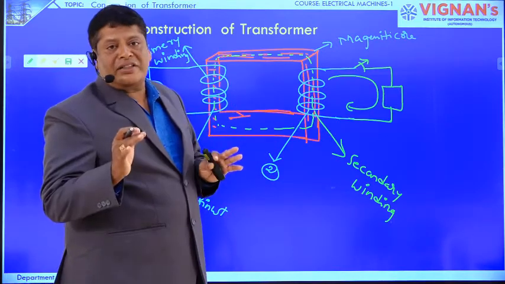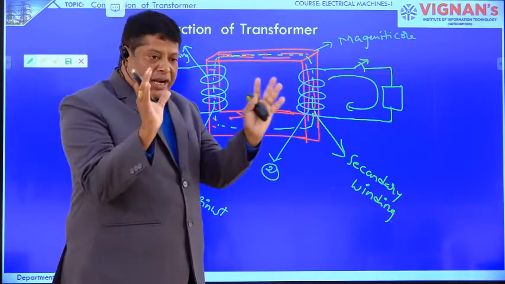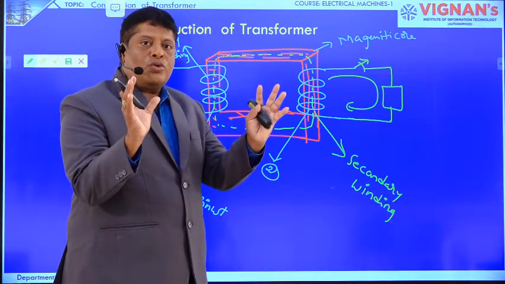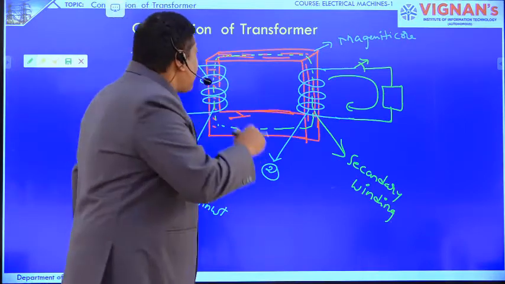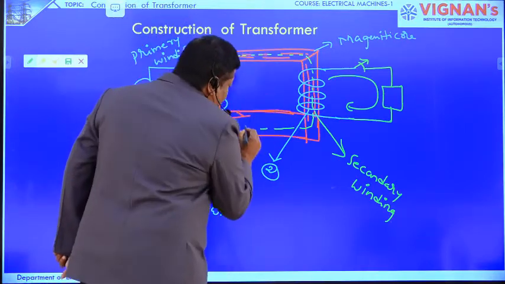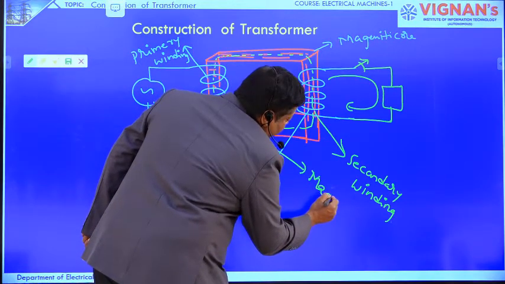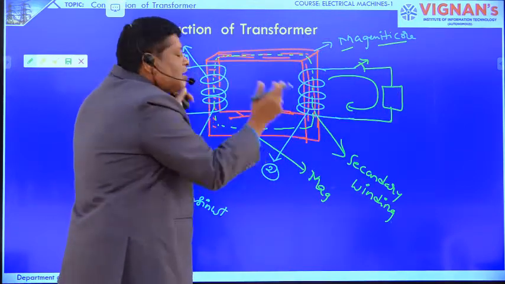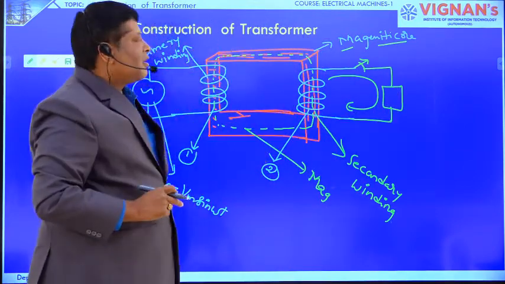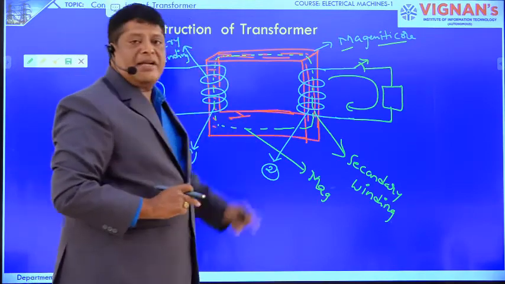As per the construction of the transformer, it consists of two electrical circuits which are coupled magnetically. The magnetic coupling is given by this magnetic core. These two coils are connected by the magnetic material, a magnetic circuit.